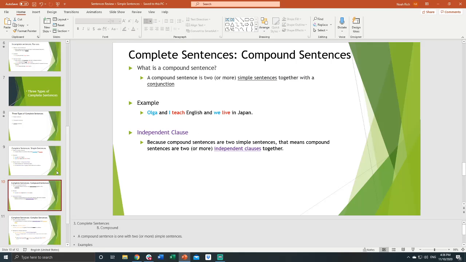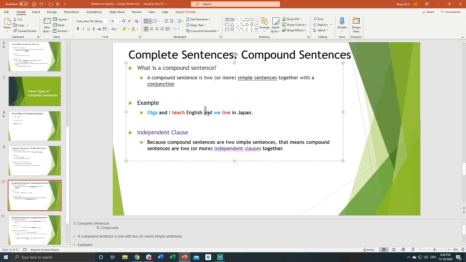So if a simple sentence is at least one subject and one verb, a compound sentence is two simple sentences together with a conjunction. Here you will see there are three subjects and two verbs. Here is simple sentence number one, Olga and I teach English, and simple sentence number two, we live in Japan.